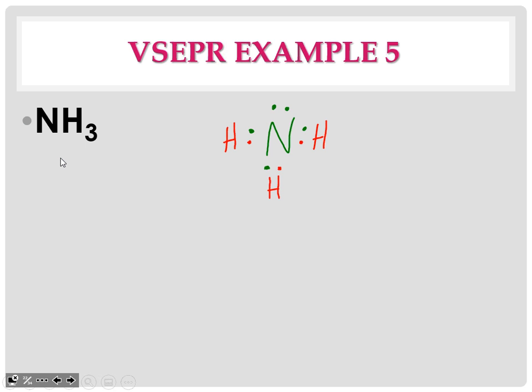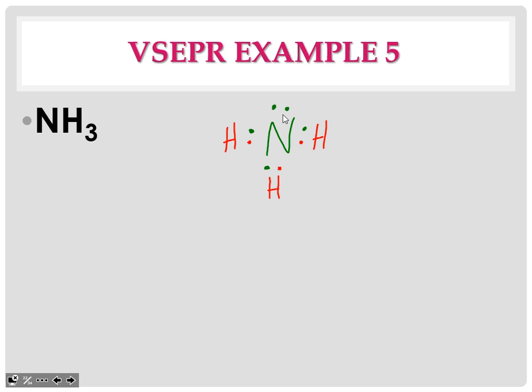So does everything obey the octet rule? Well, hydrogen doesn't, but once again, hydrogen does not have to obey the octet rule. Hydrogen fills its outermost energy level with 2. So how many non-bonding do I have there? 1, right there, correct? 1 non-bonding.